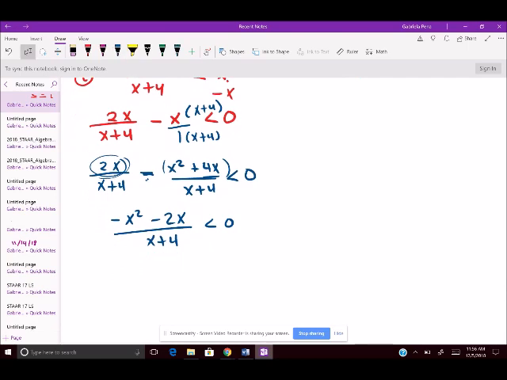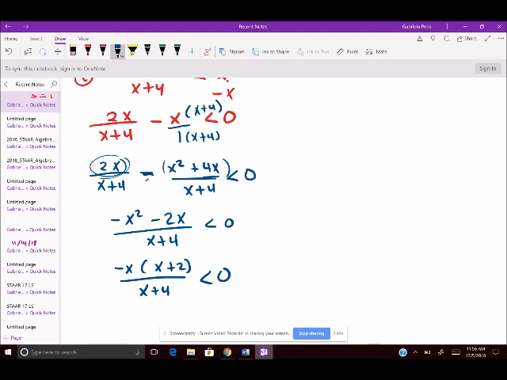Are we good? We can factor out an x. What kind of x would you factor out actually? A negative x. So we factor out a negative x from the top and I end up with an x plus 2, and then the x plus 4 on the bottom. Now that everything's on the left side and factored out, I can set each thing equal to 0.